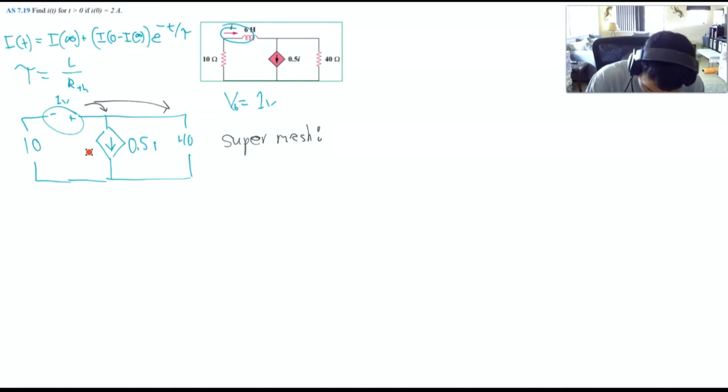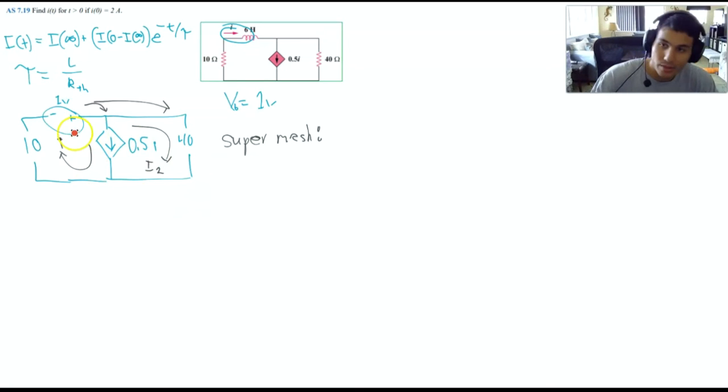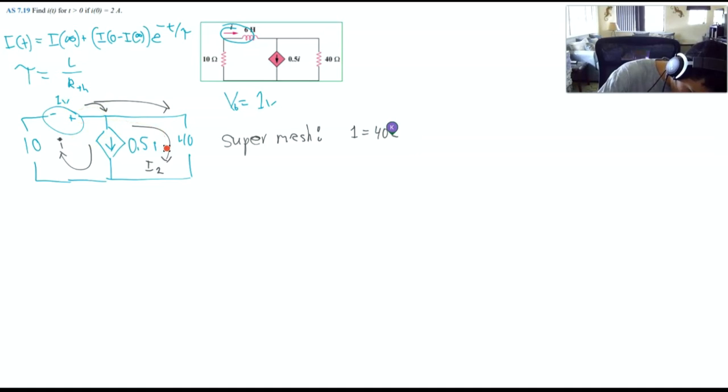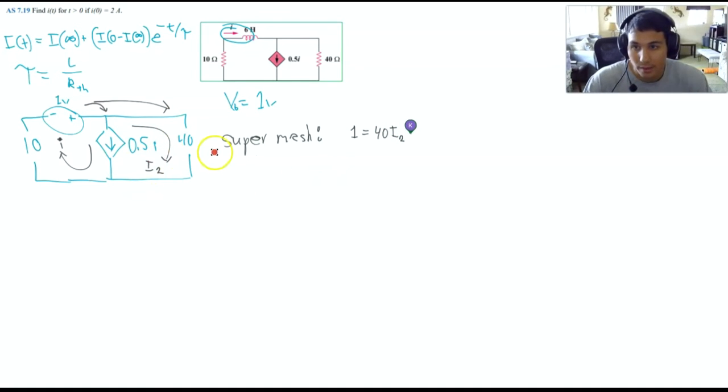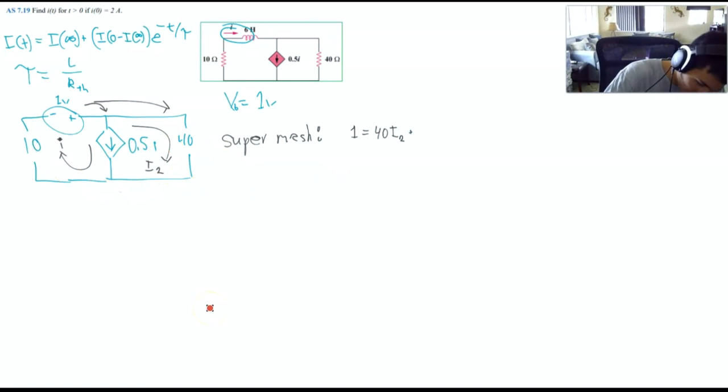If it's a super mesh, what do we have? Well, we would have this current little i and this current I2. So if you recall how super meshes work, first off, 1 volt is going to be equal to 40 I2 plus 10 i.